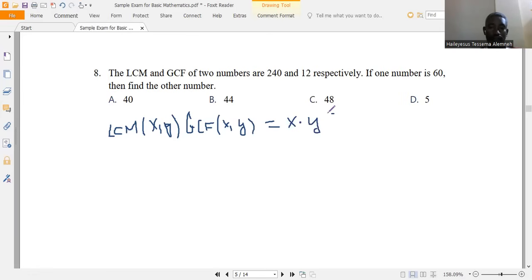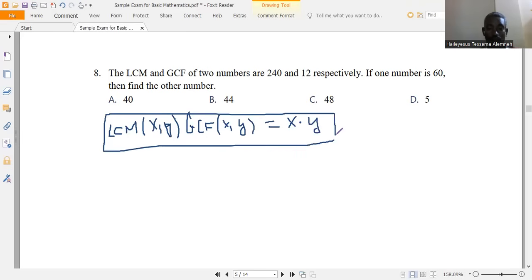We can take this as one way of finding the other number when the GCF, the LCM and one number are given.